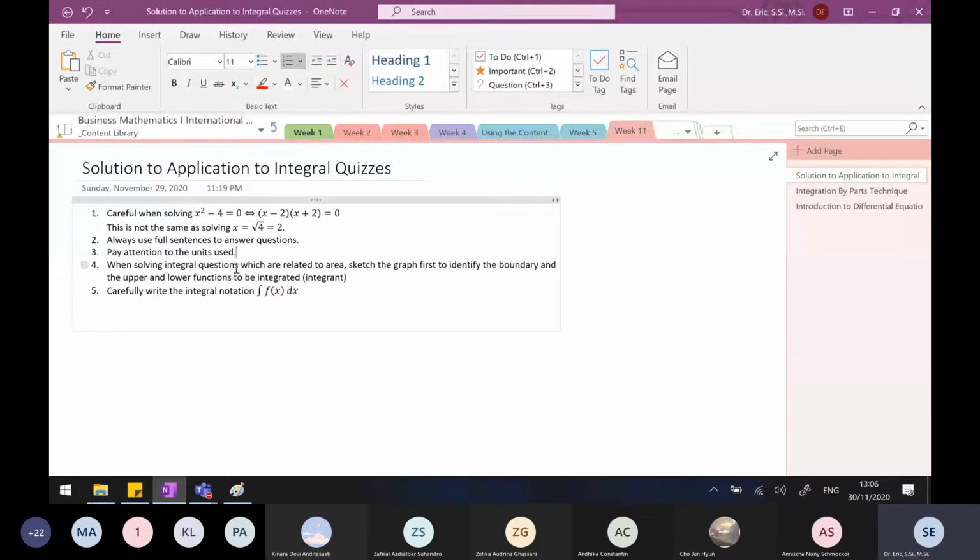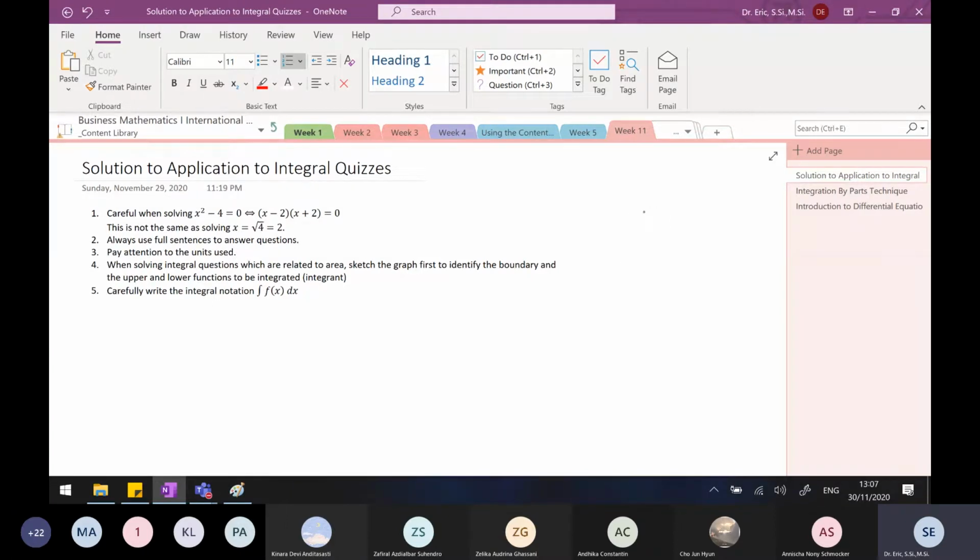When solving integral questions which are related to area, sketch the graph first. Although it is a rough sketch, you have to show the main points.